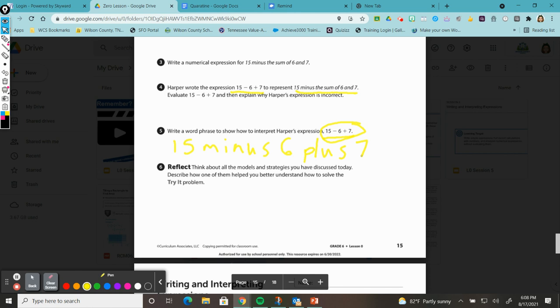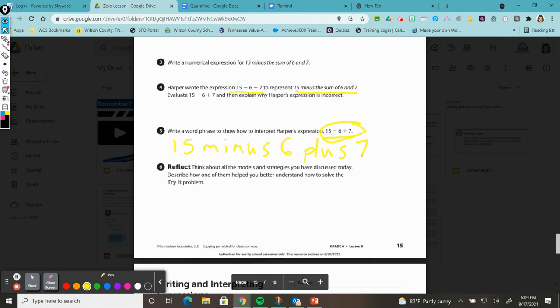On number 6, that is a question for you to answer, for you to take a moment and reflect. So think about all the models and strategies that were discussed in this lesson, which was to draw a picture, to use a numerical expression, to use a phrase. So think about all of those.